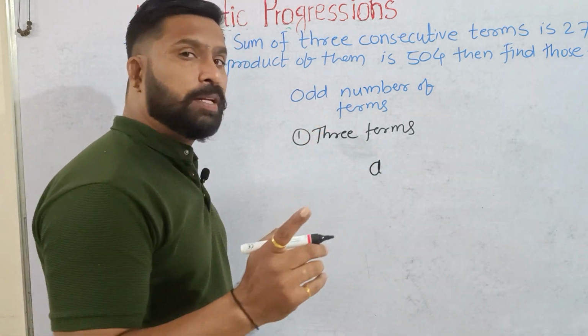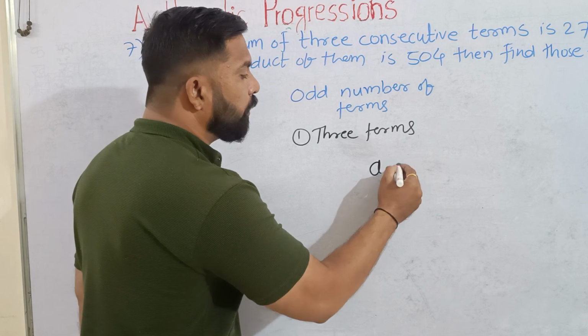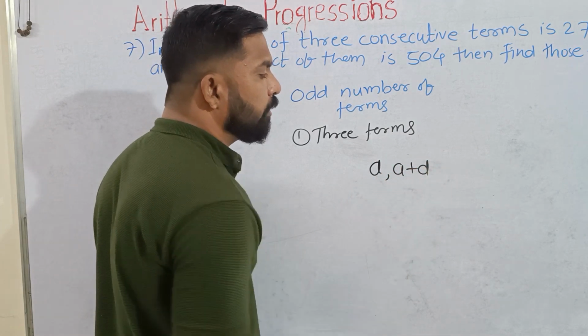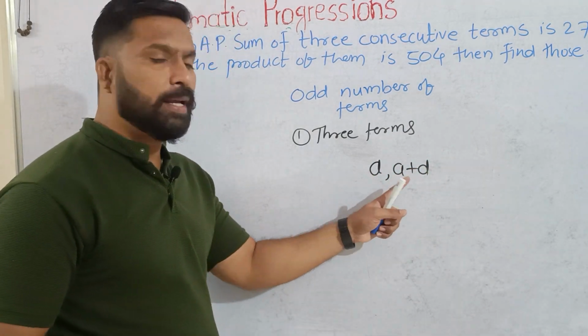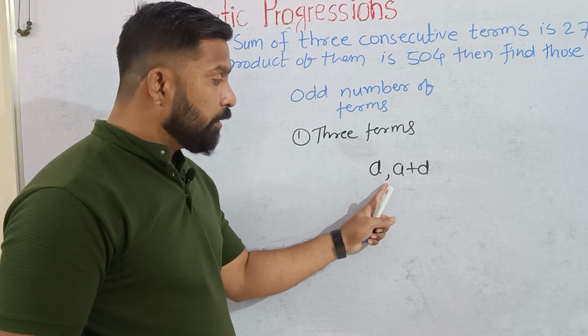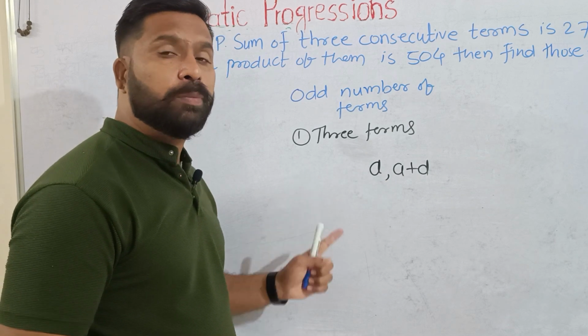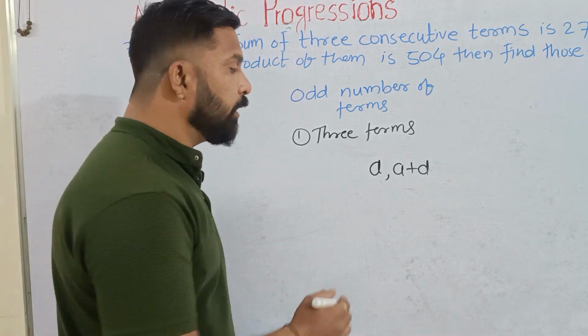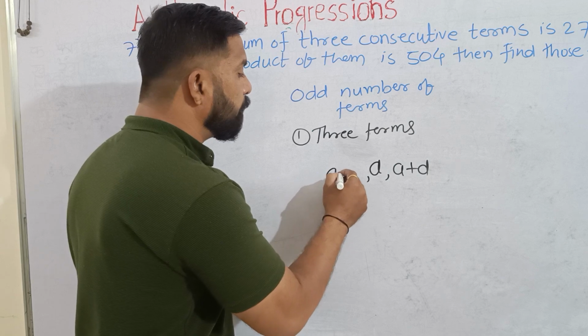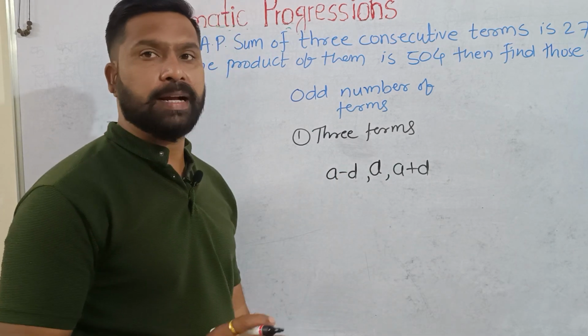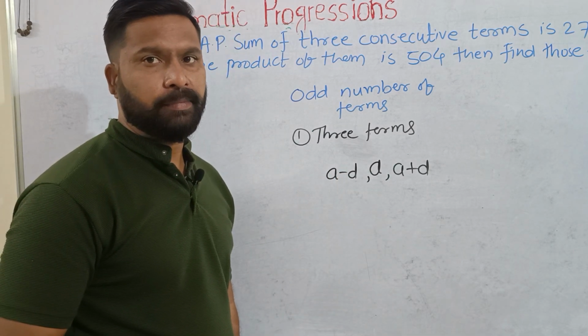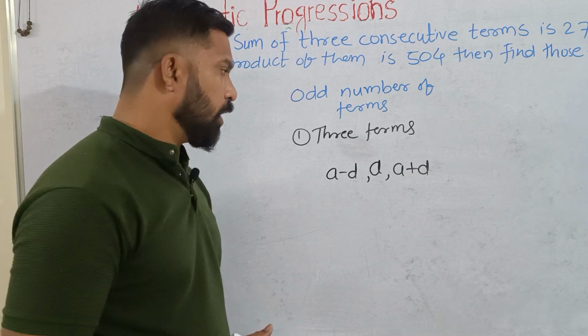So if the difference is D, then definitely it must be A plus D, A increasing by D. But for the previous term, A should be decreasing by D, so it is A minus D. That's it. Is it hard? No.